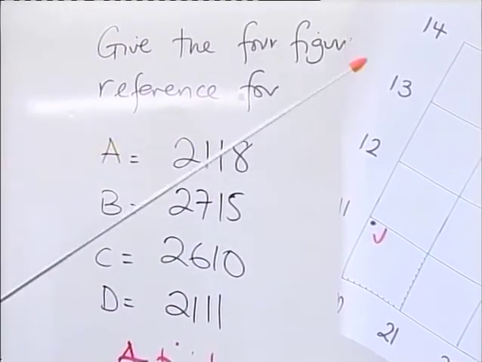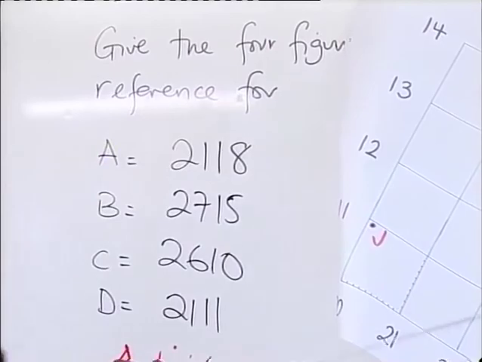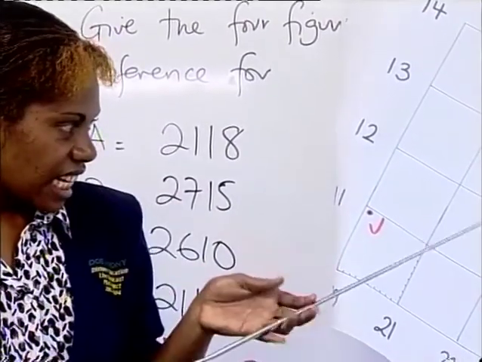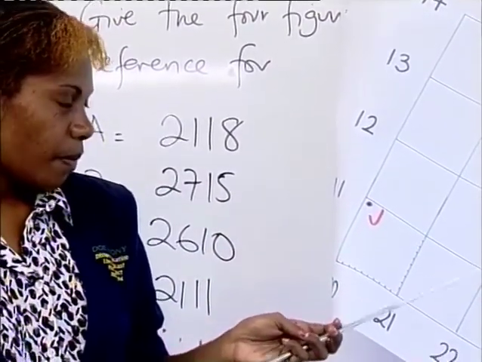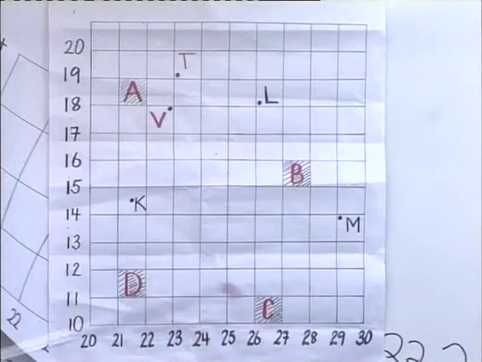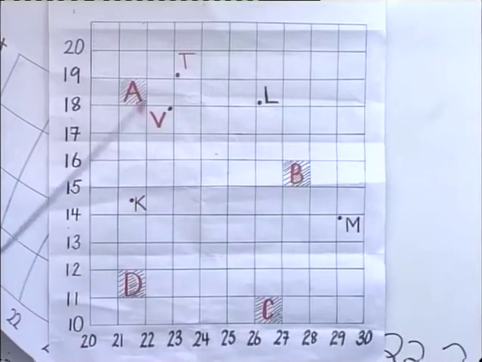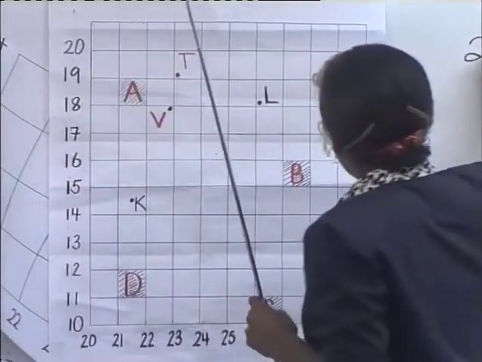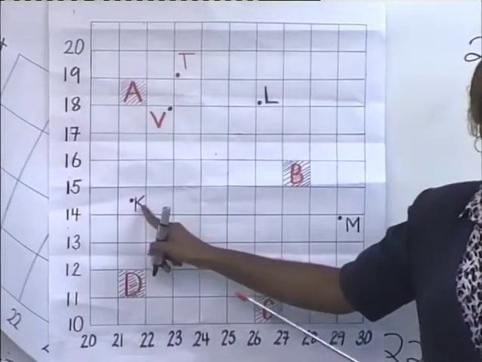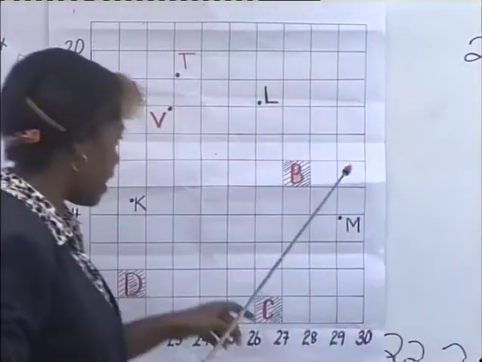Okay, what about the six-figure reference for K? Sorry, you cannot see properly, so K. 21. Yes, it's in the middle. 5 tenths.